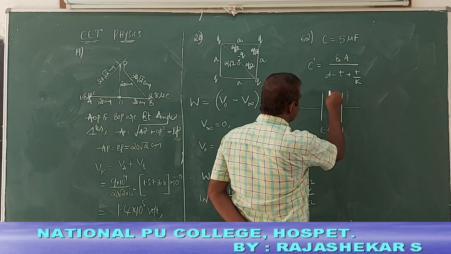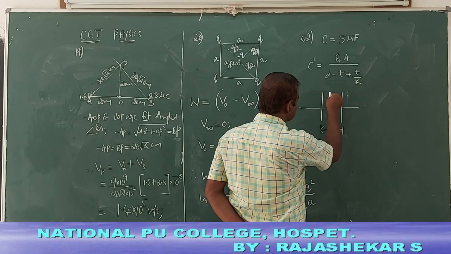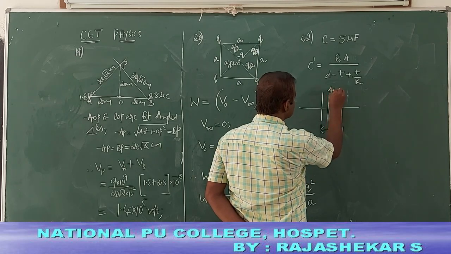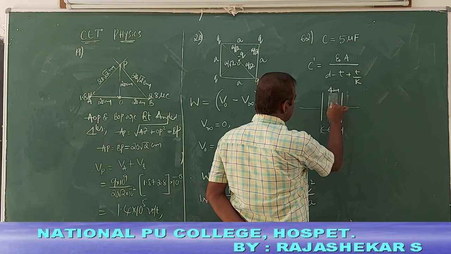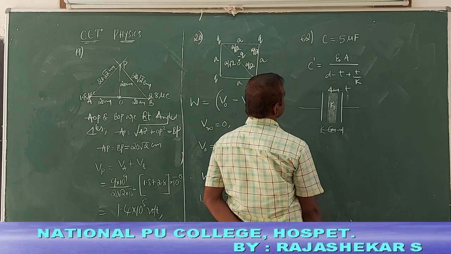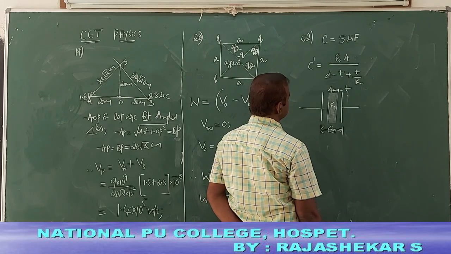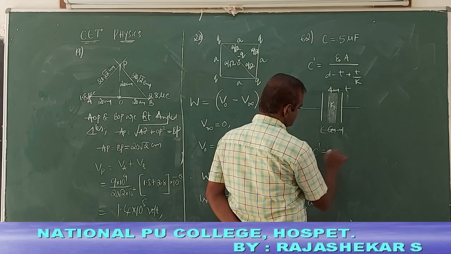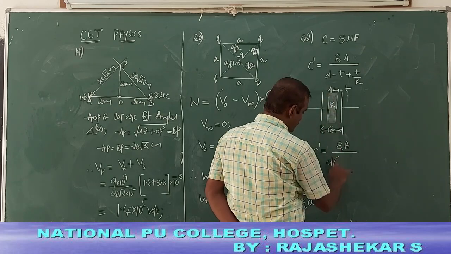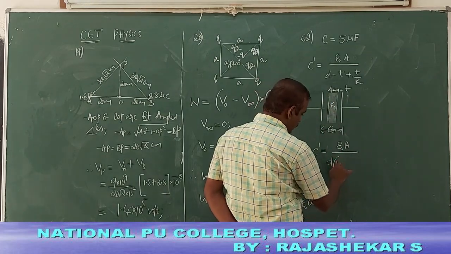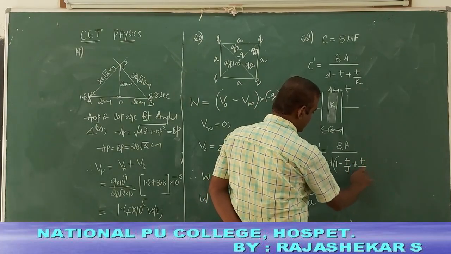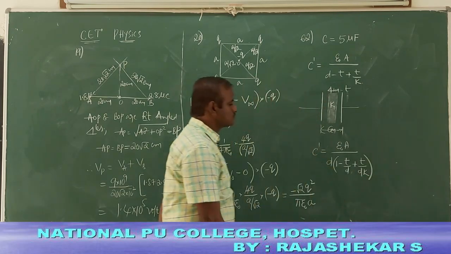Now some portion is occupied. This has dielectric constant K. This is T. Remaining is D minus T. Here I take D common. It will be D times 1 minus T by D plus T by DK. Why?